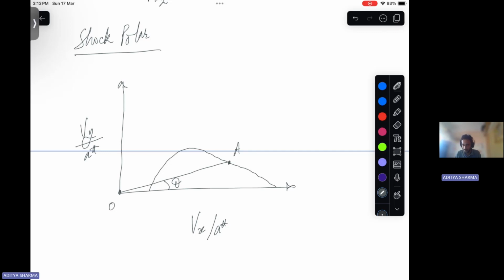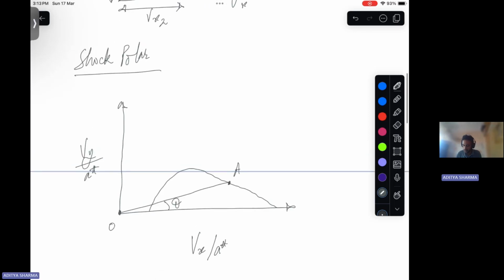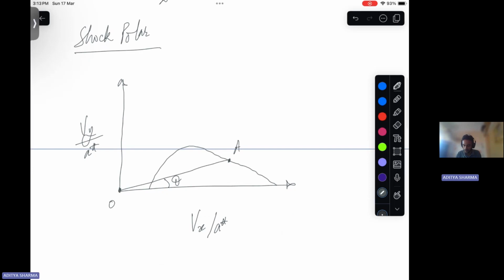From the graph also we can see that. How can we see that? If you draw a tangent to this curve.